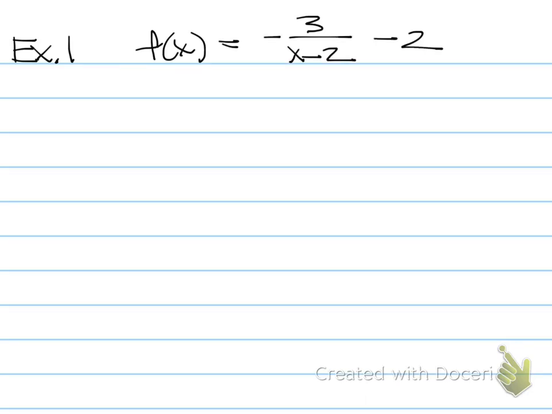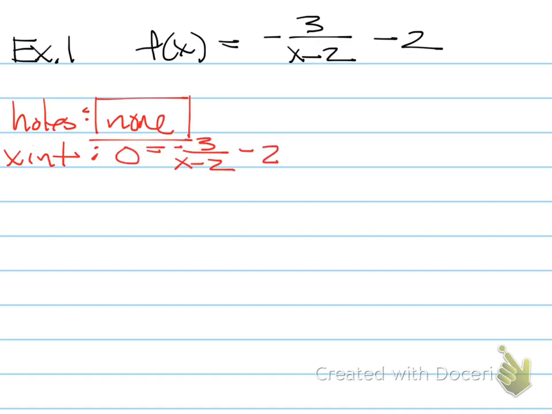All right, first example. First thing we want to do is factor the denominator to see if there are any holes. There's nothing to factor in the denominator, so there are no holes. The x-intercept we find by plugging in 0 for the y, or setting the numerator equal to 0.